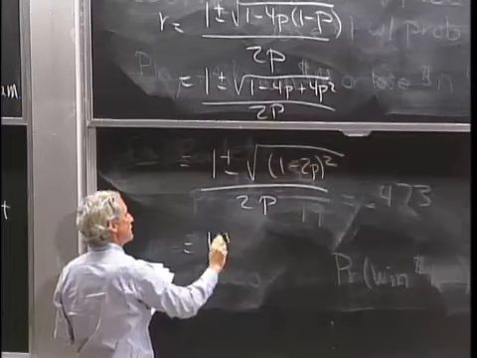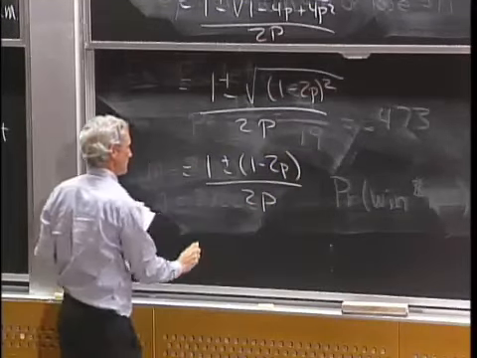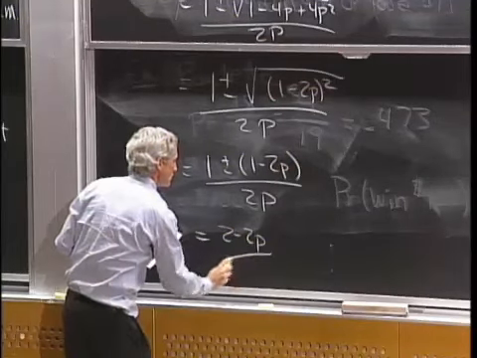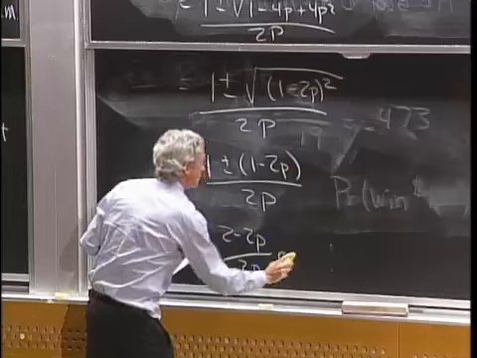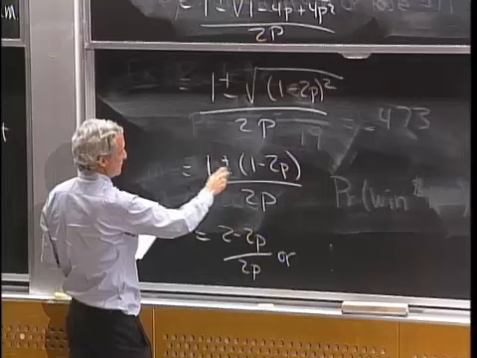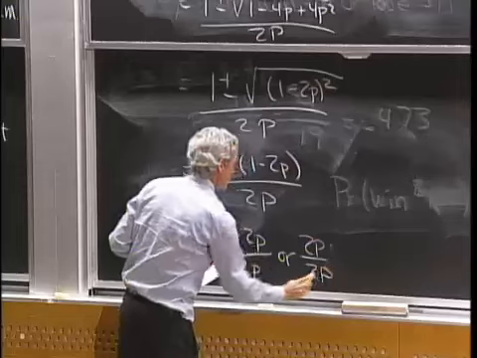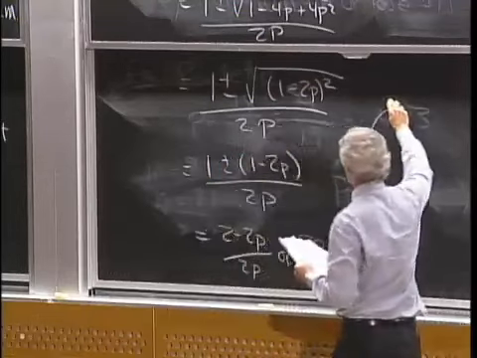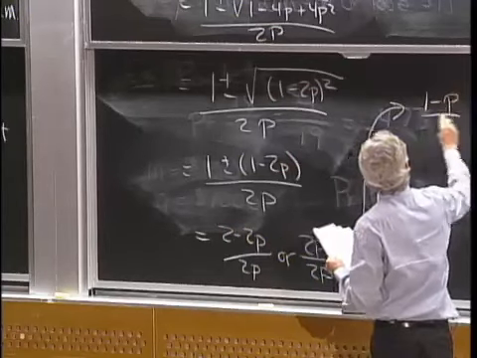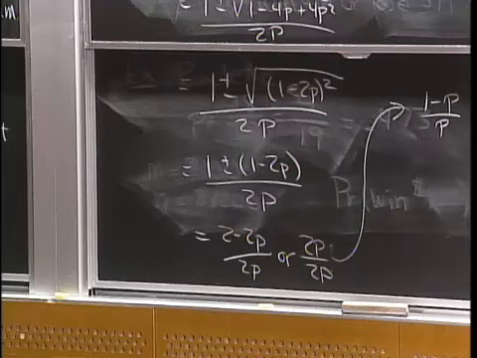So that's 1 plus or minus (1 minus 2p), over 2p. And that is 2 minus 2p over 2p, or let's see, 1 minus 1 cancels, then minus 2p is 2p over 2p. So the roots are, dividing by 2 on this one, (1 minus p) over p and 1. Those are the roots.